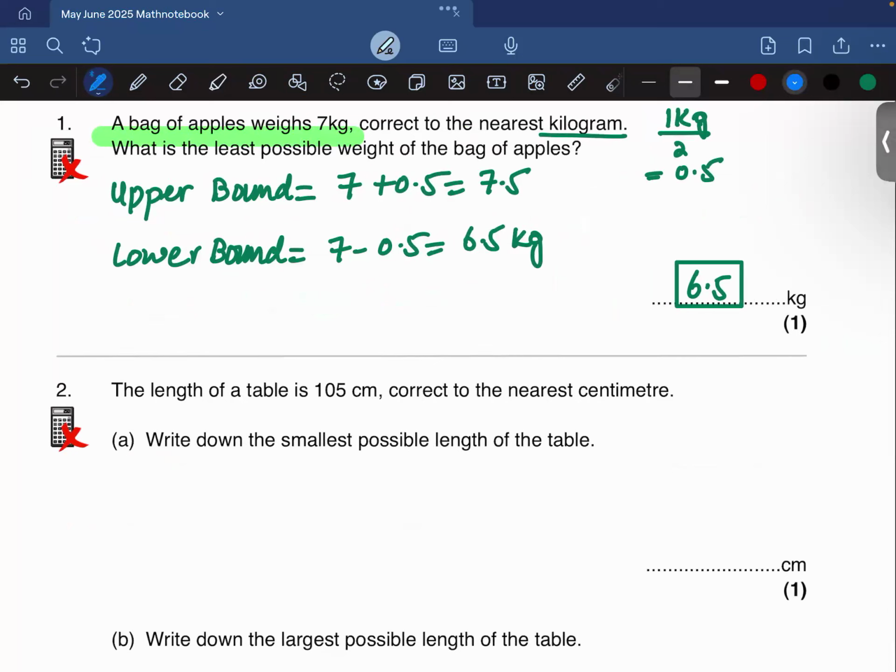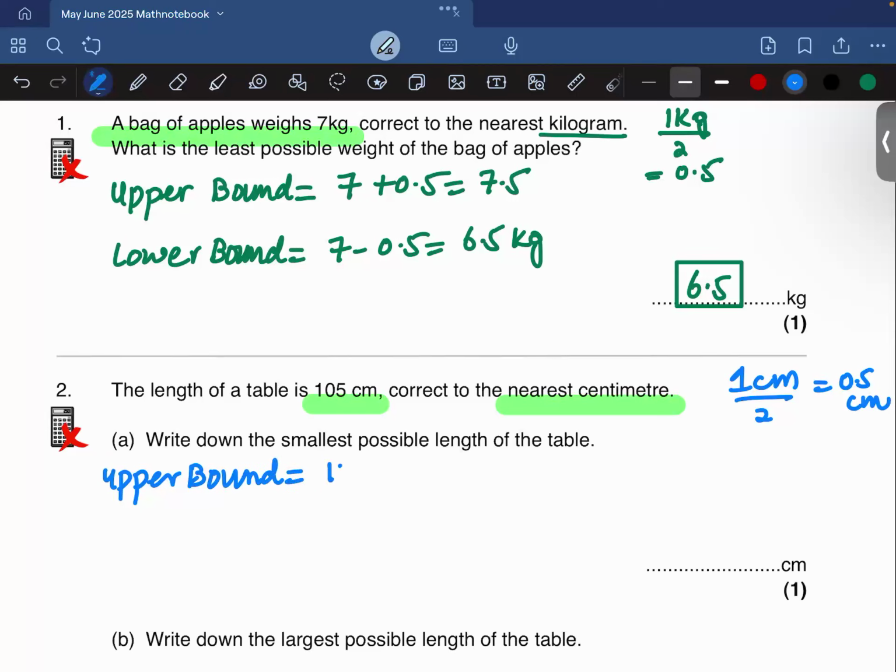The examiner is saying the length of the table is 105 centimeter. Correct to the nearest centimeter. Nearest centimeter means 1 centimeter. So 1 centimeter divided by 2 is 0.5 centimeter is the error. Write down the smallest possible length. So we have two things, upper bound and lower bound. For upper bound, add the error.